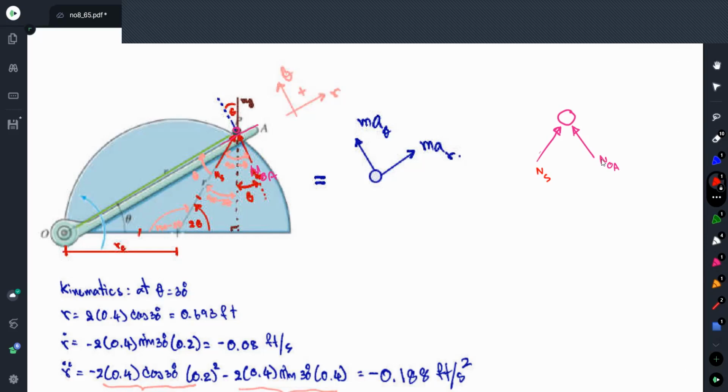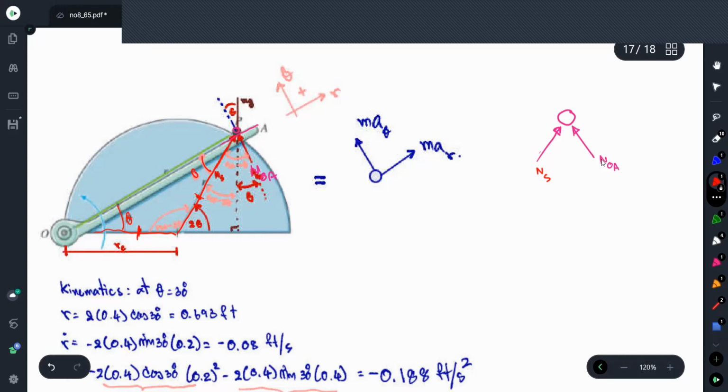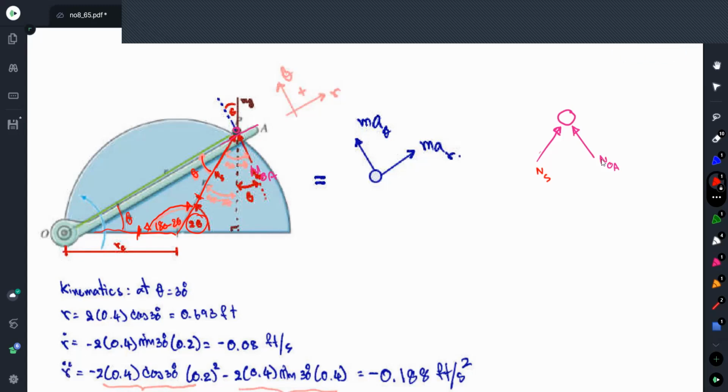If we consider the angle from this picture, we found this is rc, right? And this also rc. So if the arm moves with theta, then this should be theta also. From the triangle, we found this should be 180 minus 2 theta, so this angle should be 2 theta.